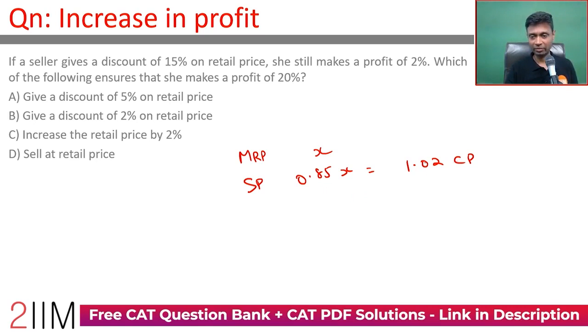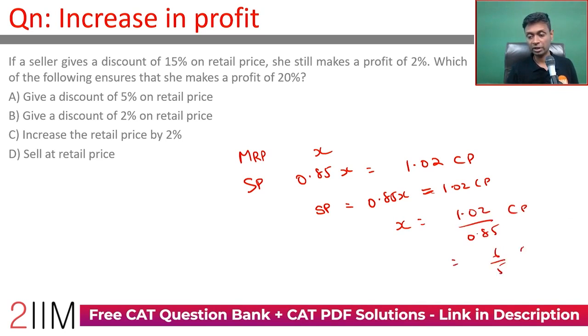So the selling price, which is 0.85X, is 1.02 CP. X equals 1.02 by 0.85 CP. This is 6 by 5 CP.